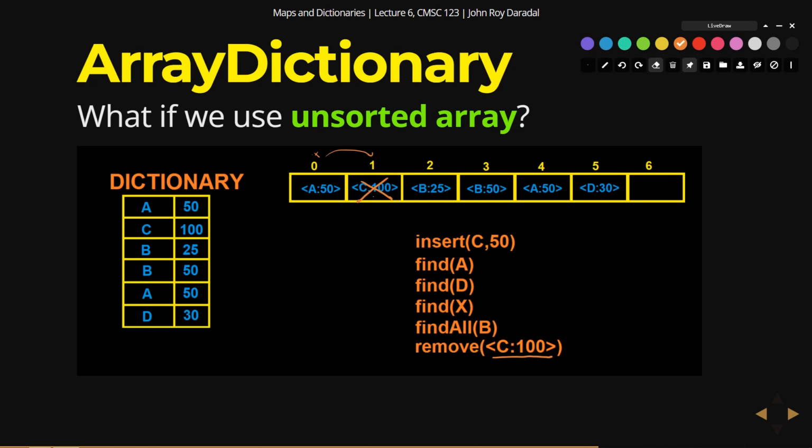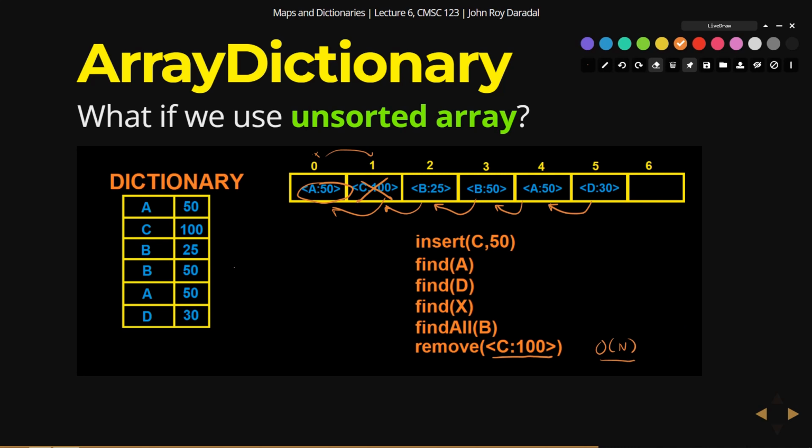But there will be a hole in index 1 if you remove this, so you'll need to shift items forward again just to make sure that there's no hole in your array. So instead of just having O of n for the search, you also have O of n because of the shifting of items. So even if you find your item at the front here, you'll have to move all items forward, so that will also take O of n.